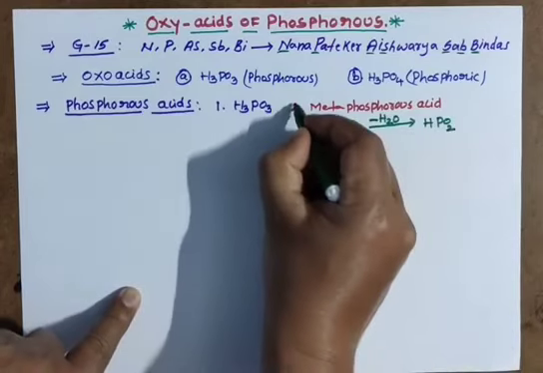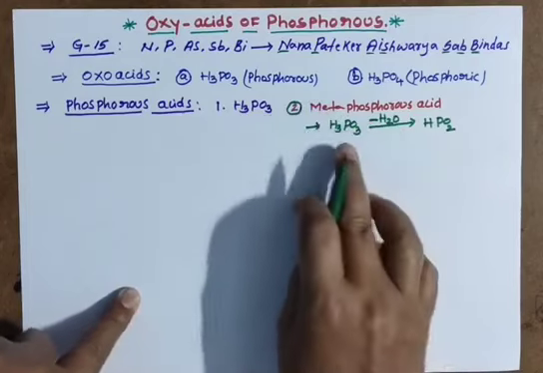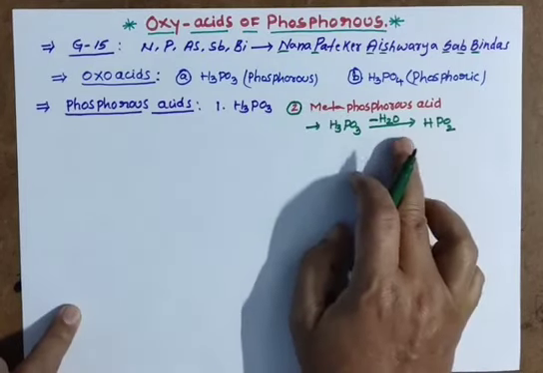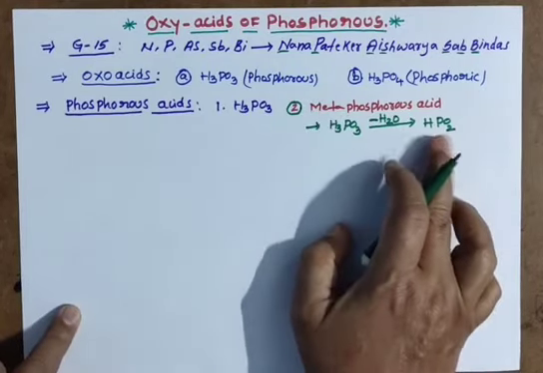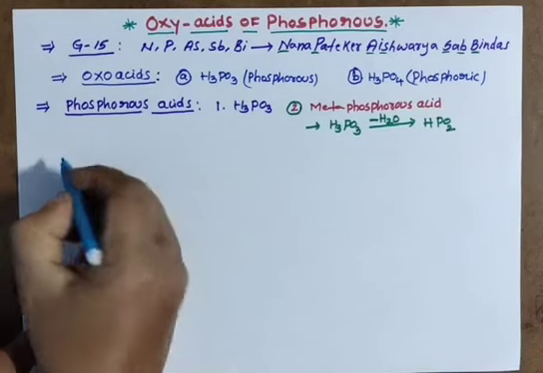This is metaphosphorus acid. Clear? From phosphorus acid, if you remove one water molecule, you get metaphosphorus acid. That's the trick.